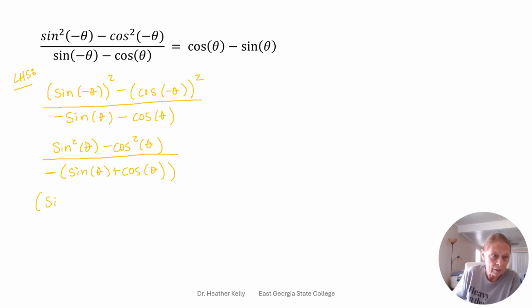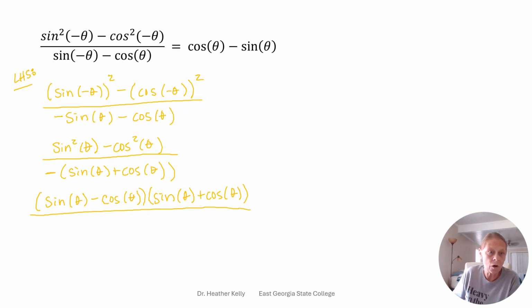We have sine theta minus cosine theta times sine theta plus cosine theta, all over our negative sine theta plus cosine theta. And now you can see that these guys are going to cancel.